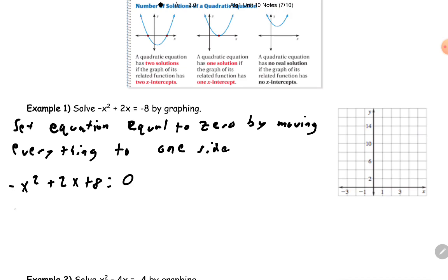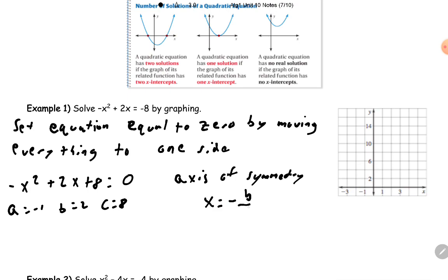Okay, so my a value is negative 1, my b value is 2, and my c value is positive 8. If you remember, by graphing, to find our axis of symmetry, we use the formula x equals negative b over 2a, which would be negative 2 over 2 times negative 1, which is negative 2 over negative 2, which is 1.